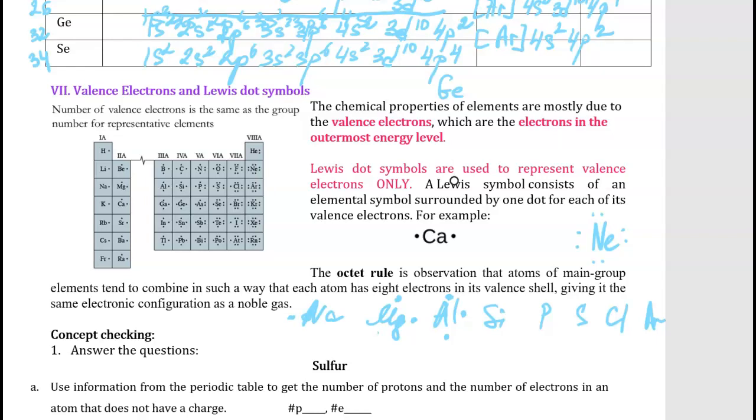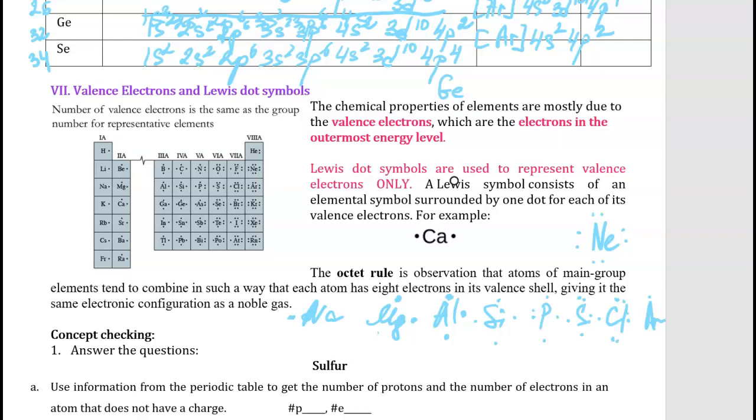For silicon, it will be 1, 2, 3, 4, but for phosphorus, it will be 1, 2, 3, 4, and 5, so 1 pair. For sulfur, it will be 1, 2, 3, 4, 5, and 6. For chlorine, 1 to 7.